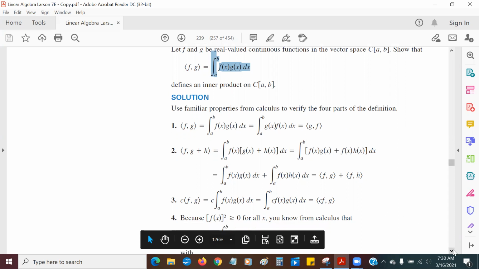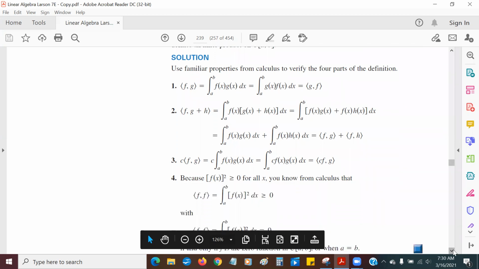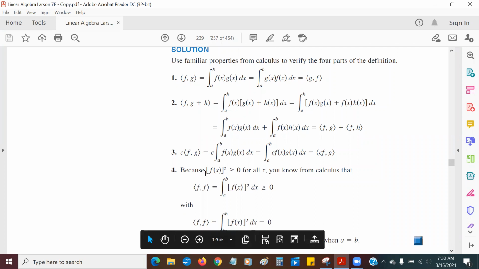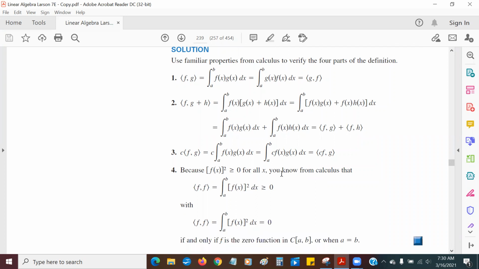So all these guys are working, and finally, f of x squared is definitely greater than or equal to 0 for all x, and f comma f by definition is the integral of f of x squared. Now, how do I know from calculus that this is greater than 0?